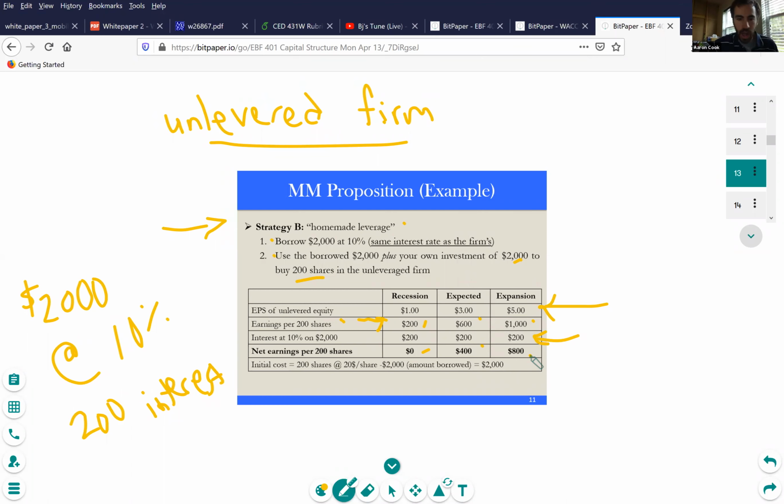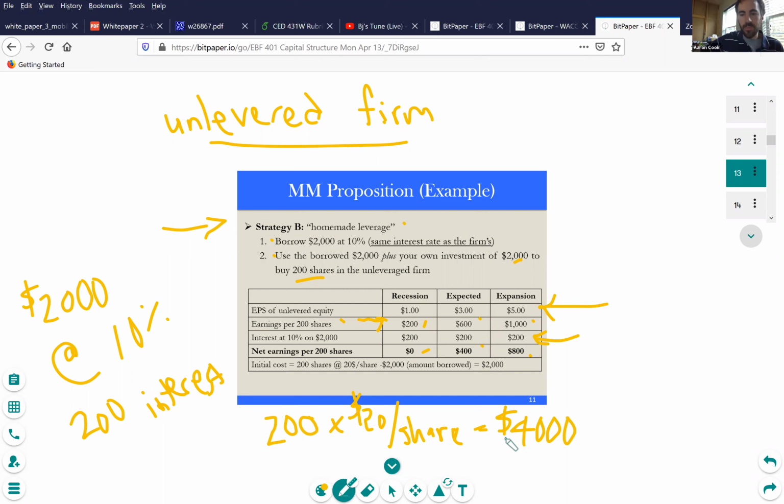Okay, and now if we think about the cost of this, he's bought 200 shares. Those have cost him $20 per share. So that's a total expenditure of $4,000.